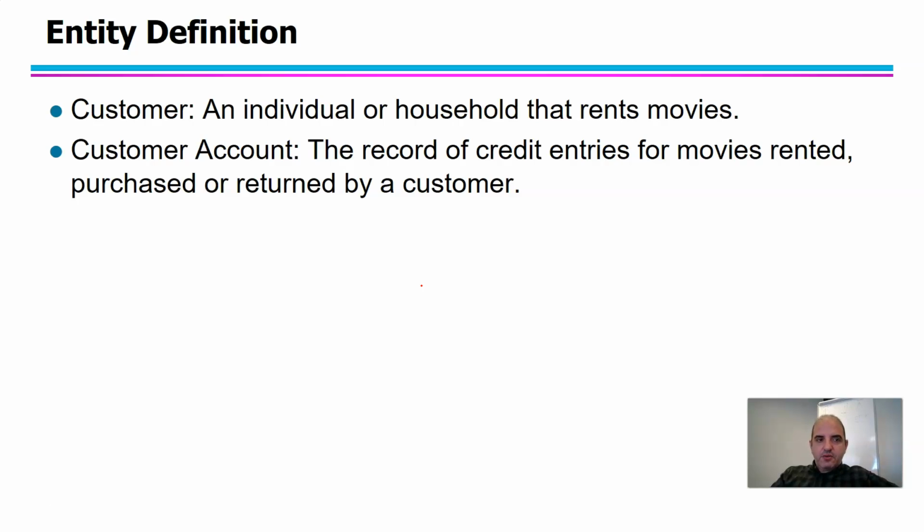For example, here we have two definitions: customer, an individual or household that rents movies, and customer account, the record of credit entries for movies rented, purchased, or returned by a customer. So at first look, everything seems okay.